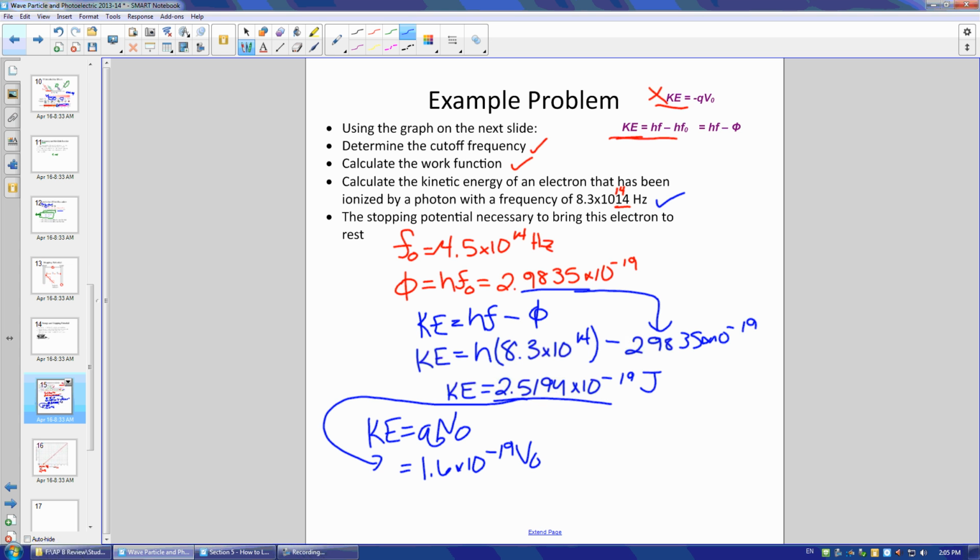So divide that kinetic energy, and you get V naught is equal to 1.5746. See, not too bad. The hardest part was reading the graph, and now you know how to do that.